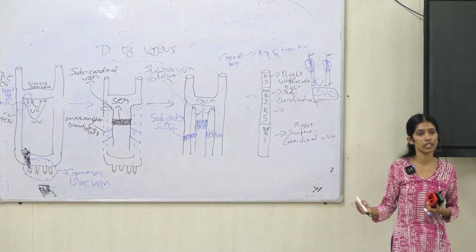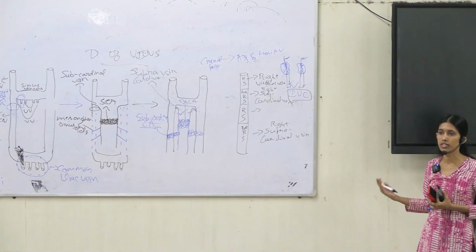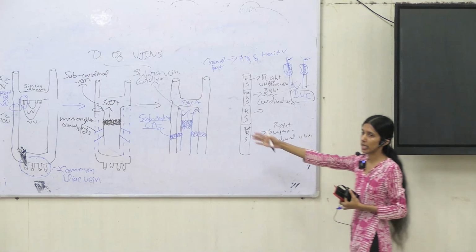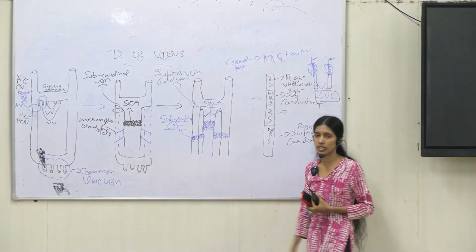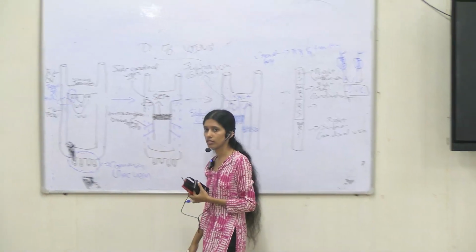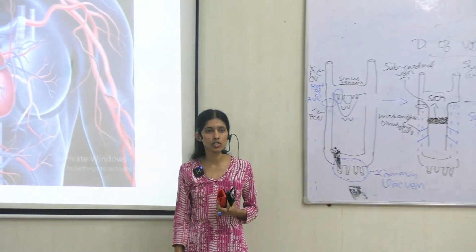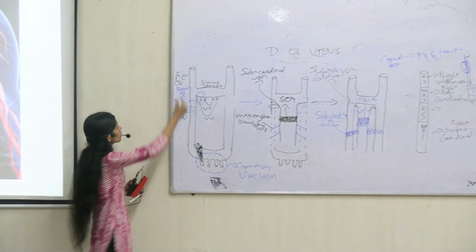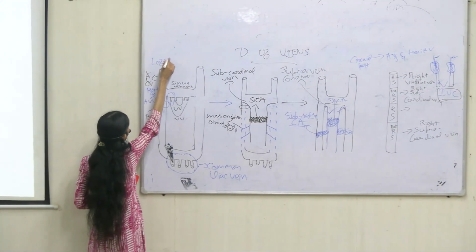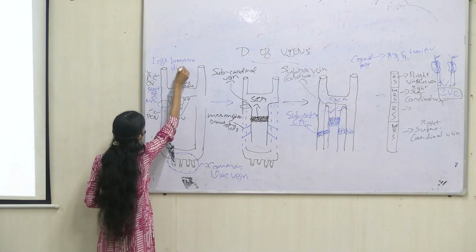Remember, the complete structure of inferior vena cava is derived from the right part of your developing posterior cardinal vein and subcardinal, supracardinal vein. Mostly the left side structures will disappear. I'll write it here. Left portion or part disappears.